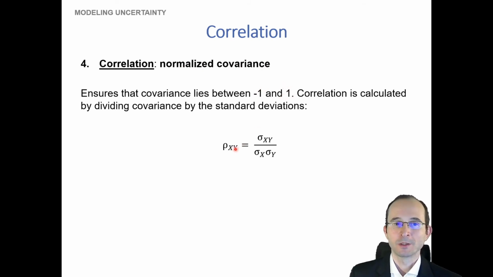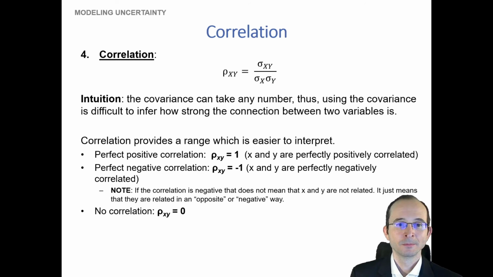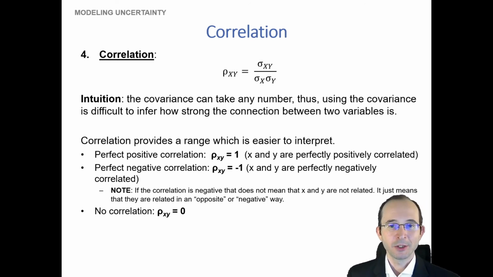And all we do to get this correlation is just take our covariance and divide it by both standard deviations of the two random variables. So by looking at this transformed value, you can get a very quick and, more importantly, comparable indication of how strong the relation between any two random variables is.